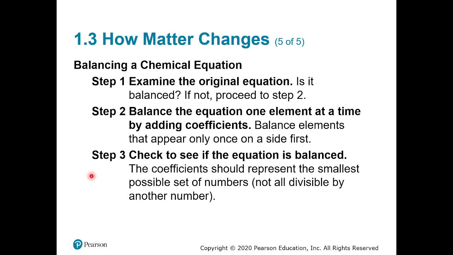If you see that all your coefficients could be divided by a single number and end up being whole numbers, go and divide them. For example, if I ended up with something like 6, 3, 3 for my coefficients, what should I do to those? Yeah, I should divide them all by 3, right? I just accidentally put a too large number in. Okay? Happens. Sometimes it's easier to do that.